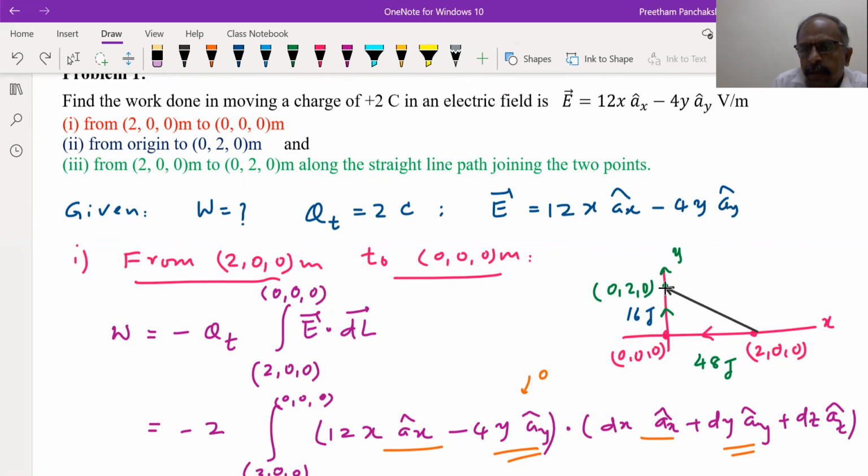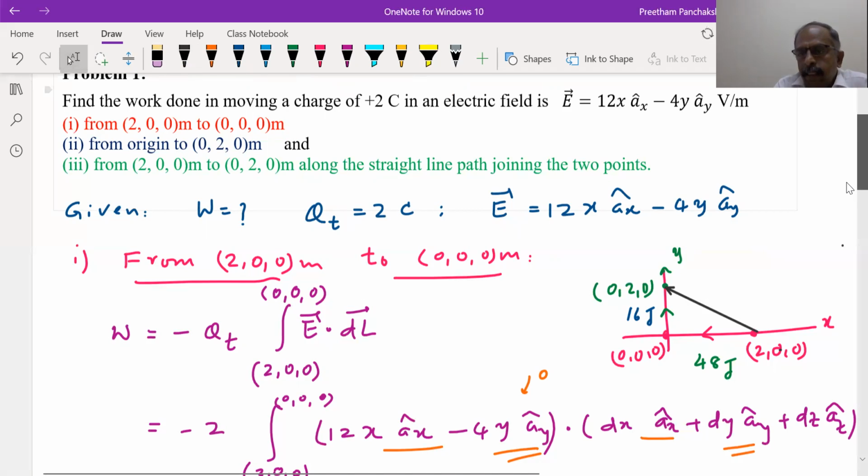So this is the path. If you read the problem, it says that from 2, 0, 0 to 0, 2, 0 along the straight line path, because between these 2 points, there are several paths possible. So if you want from 2, 0, 0, we can go to origin and go to this point also. But he wants to know what is the work done in moving the charge from 2, 0, 0 to 0, 2, 0 along the straight line path.